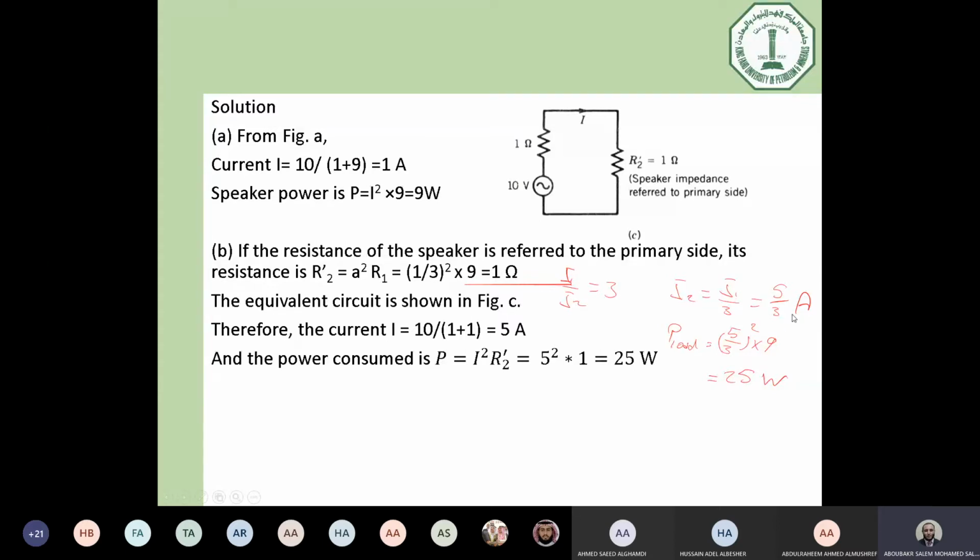Simply, the resistance of 9 ohms multiplied by I squared will give you the same value of power, which is 25 watts. So this is just a brief example to show you how we can find the reflected impedance and also to show the effect of adding a transformer on the power.